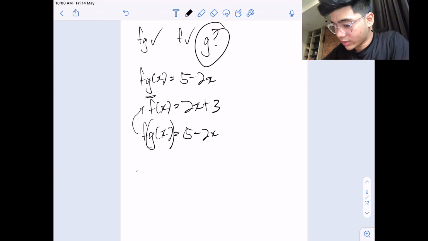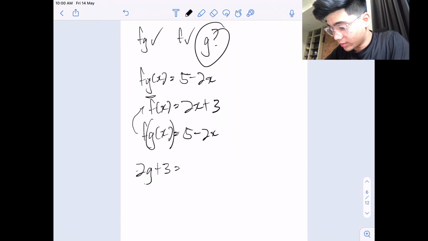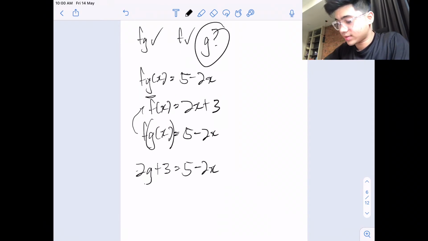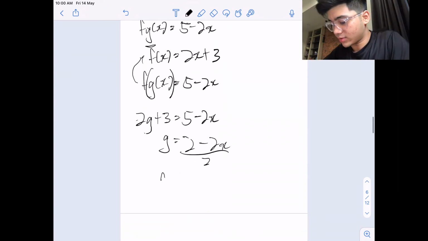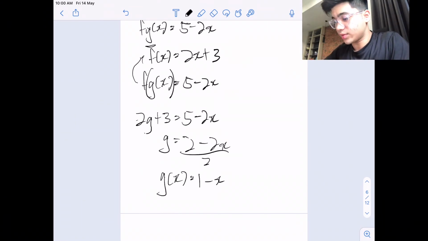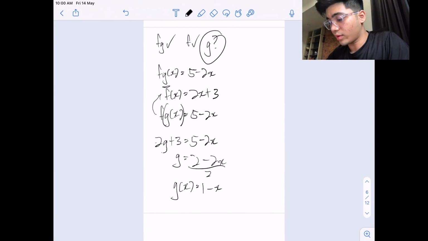So I would actually get 2g plus 3 equals 5 minus 2x. Now solve it like a linear equation. I would get g equals (2 minus 2x) over 2. And that will give me function g(x) equals 1 minus x, which is exactly what we're looking for over here.